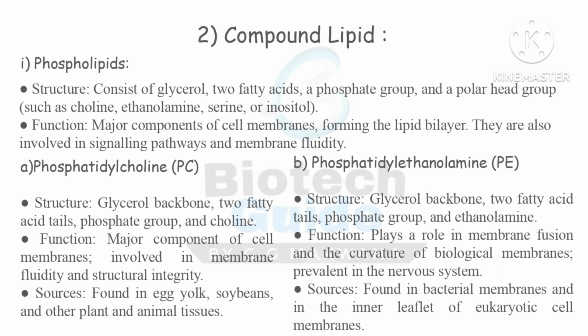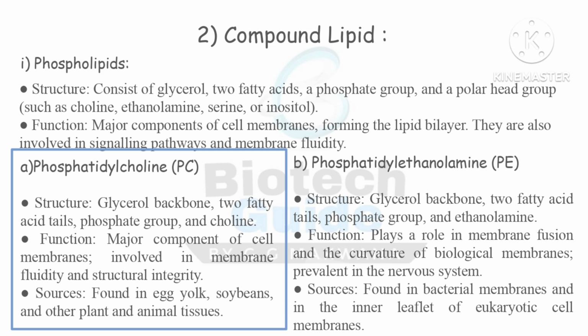Based on this polar head group, phospholipids are again classified. We'll see that later. Now let's focus on function. Major components of the cell membrane, forming the lipid bilayer, they are also involved in signaling pathways and membrane fluidity. So what is the first type of phospholipid?